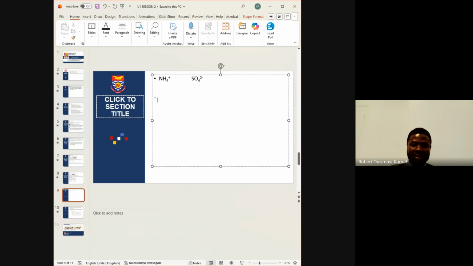Since it's the cation, we write it first. We always write cation first before anion. So we have bracket open NH4. Let me just copy and paste it inside.